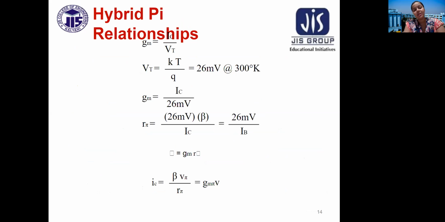It is generally 26 millivolt at 300 degree Kelvin. Now the gain value can be replaced as IC by 26 millivolt. Again, resistance value will be voltage by current. So 26 millivolt divided by current, and IC can be written as beta V pi divided by R pi.